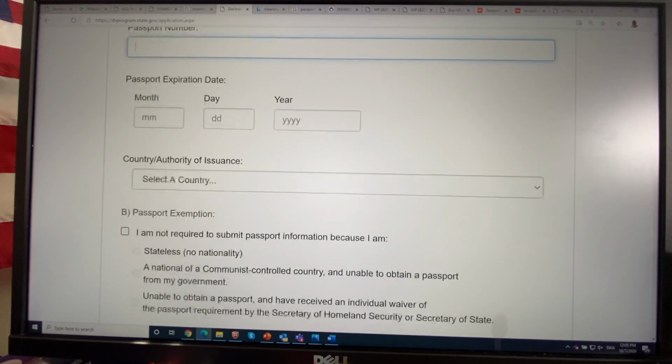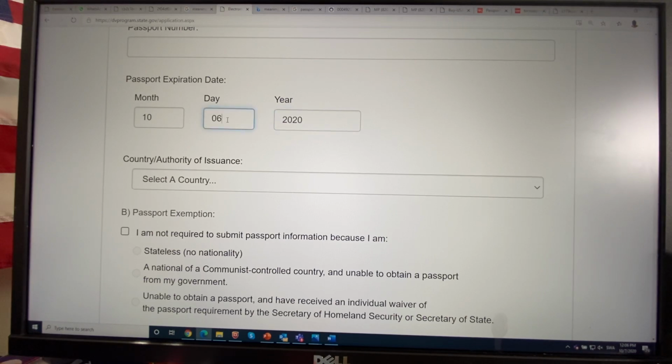If you put your passport expiration date as, for instance, October 6, 2020, it will not work if you go to apply. Why? Because October 6 has passed, so you are using an expired passport.